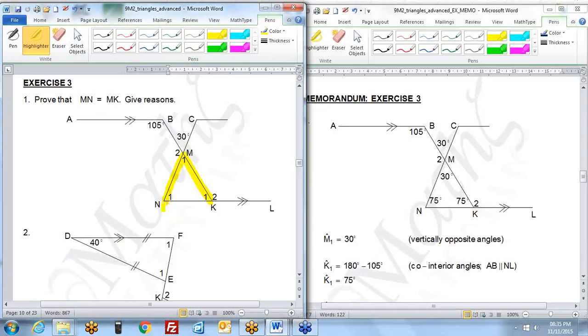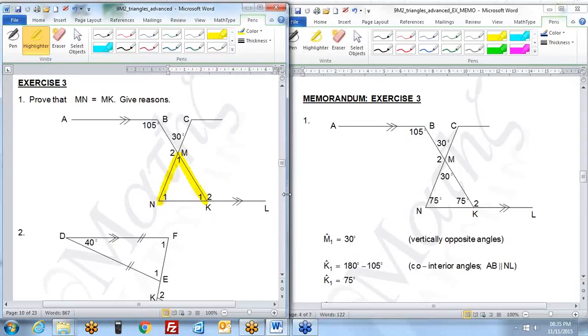So in other words, we need angle N1 and angle K1 to be the same in size eventually. But obviously we will first have to work out other angles before we can get to that. So you will start off like this.